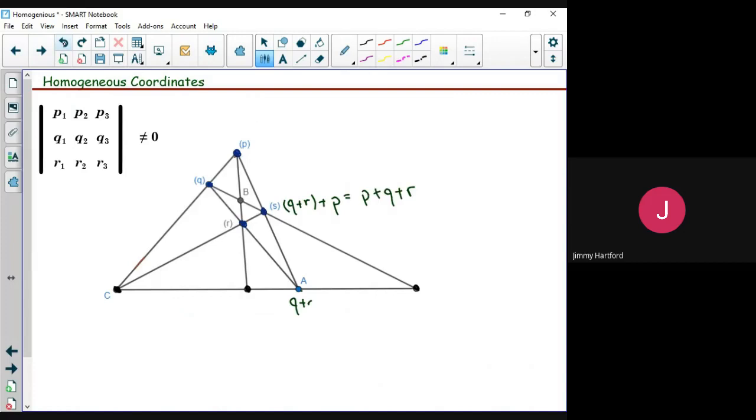Then we want to establish where B is. B is going to be the intersection of PR and QS.